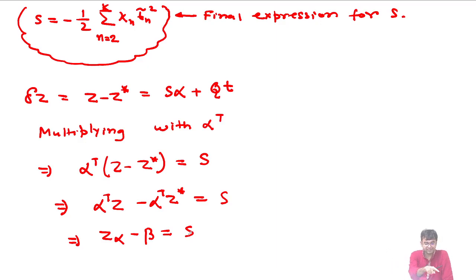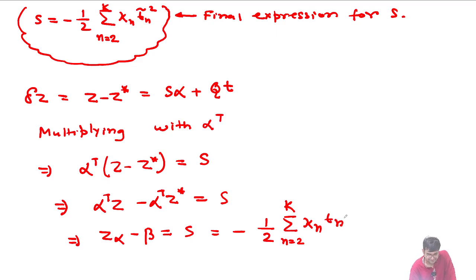Now, what is the S that we derived previously? Let us substitute that. So this is equal to minus half summation n equals 2 to capital K kappa n T n square, which finally gives you Z alpha, which was not known, by the way, remember that.